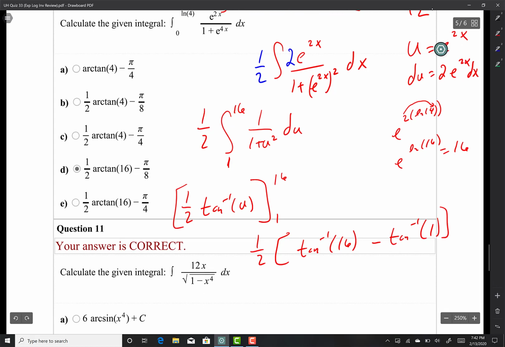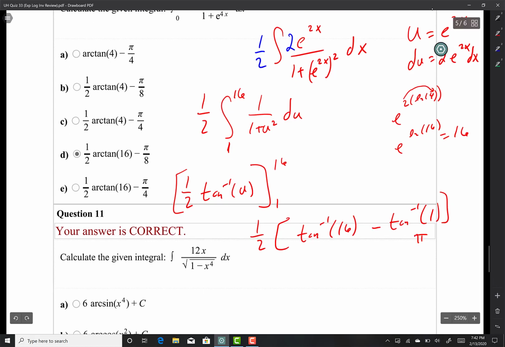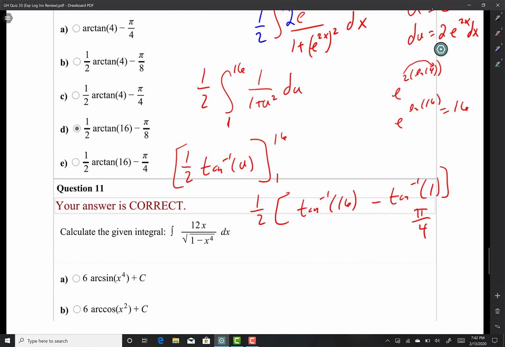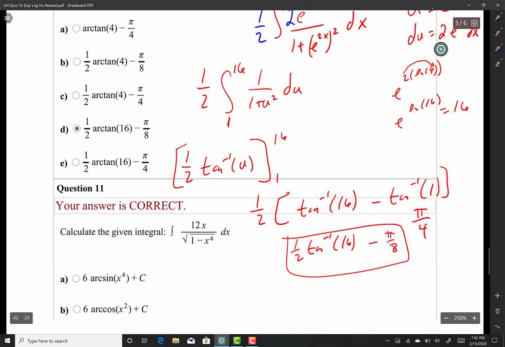Arctan of 1 is pi over 4, because again, the x and the y have the same coordinate there, or same magnitude value there. So I'm just going to distribute the half there. So I'm going to have 1/2 arctan of 16 minus, and then 1/2 times pi over 4 is pi over 8. And there it is, guys.